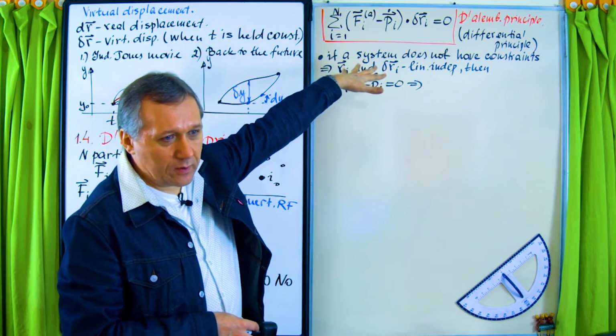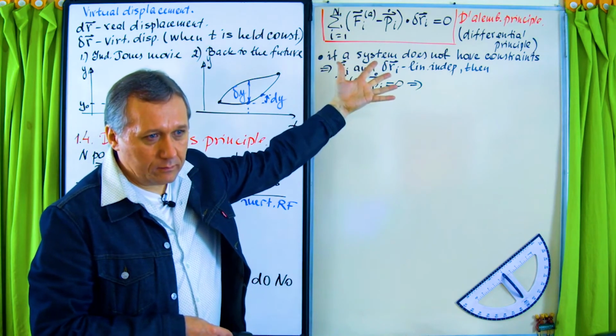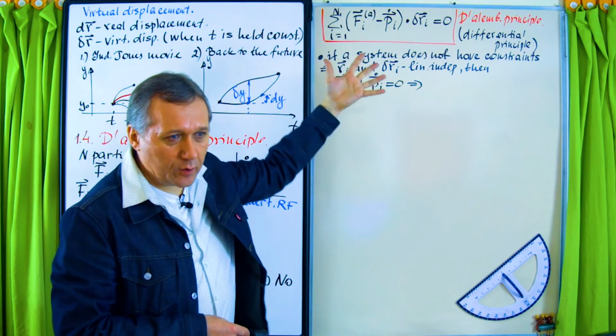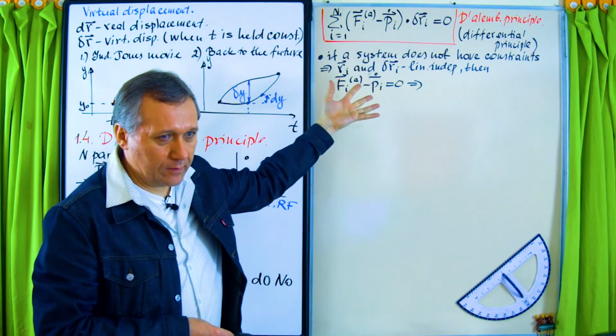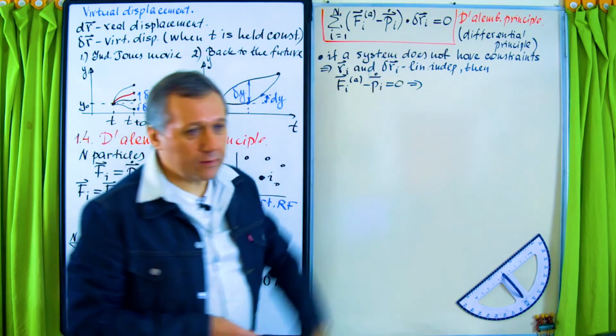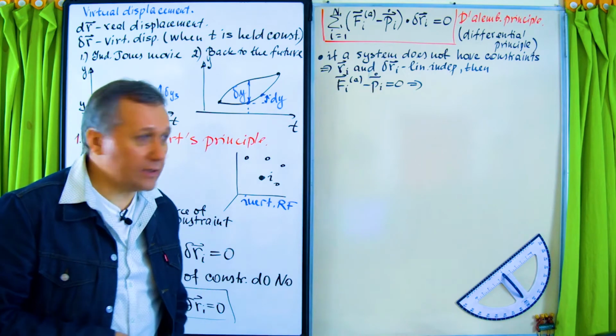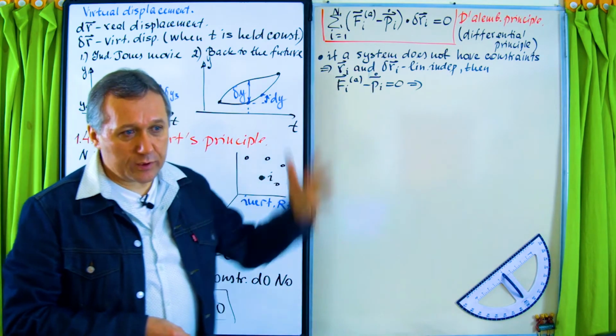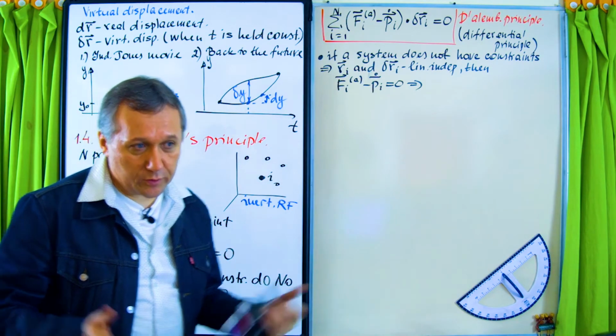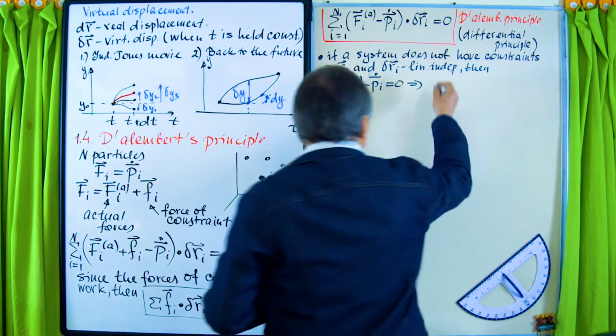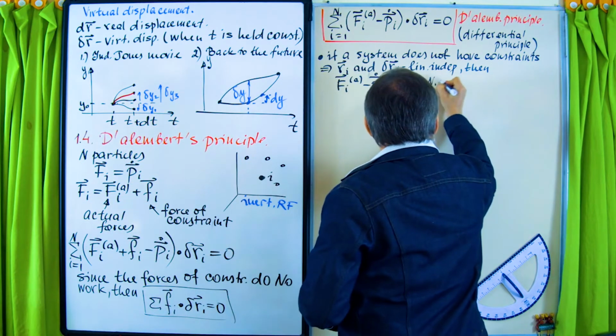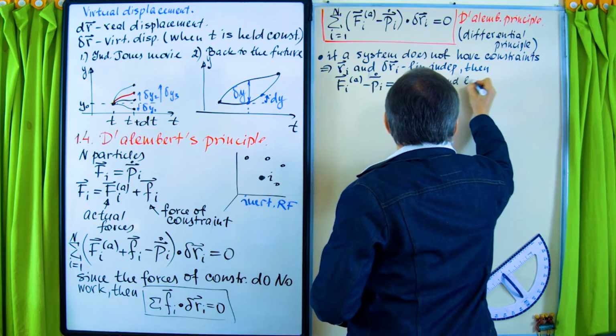It cannot be derived. We can just state it as an axiom and start from here. So if a system has no constraints, then immediately we're getting Newton's second law, which is an equation of motion that can be used to describe the motion of the system.